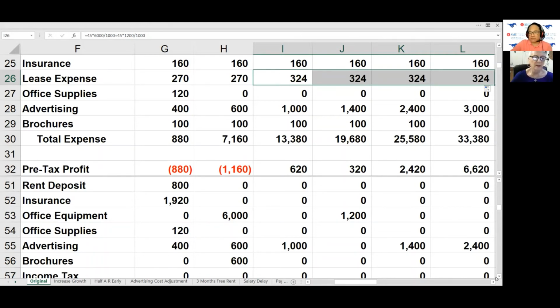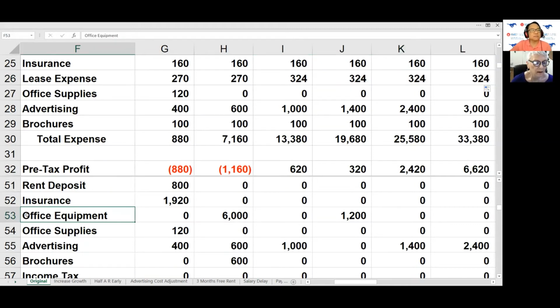Now we have to go down to the cash flow statement and change where we bought the office equipment. Yes, to lease payment. And we basically set it to the cell up at the top. Right. Here we go. So this is for the first purchase.